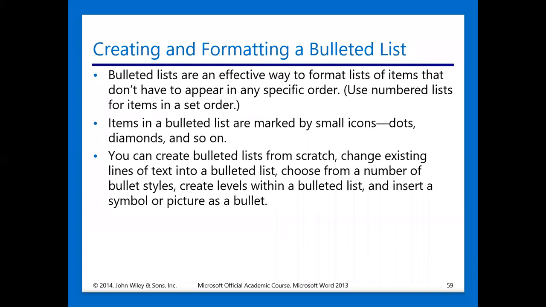Items in bullet lists are usually marked by small icons, dots, and so on, but you can modify these symbols by creating your own. We shall go through one of the exercises that allows you to choose your own icon or symbol instead of using a square, a dot, or a diamond symbol.